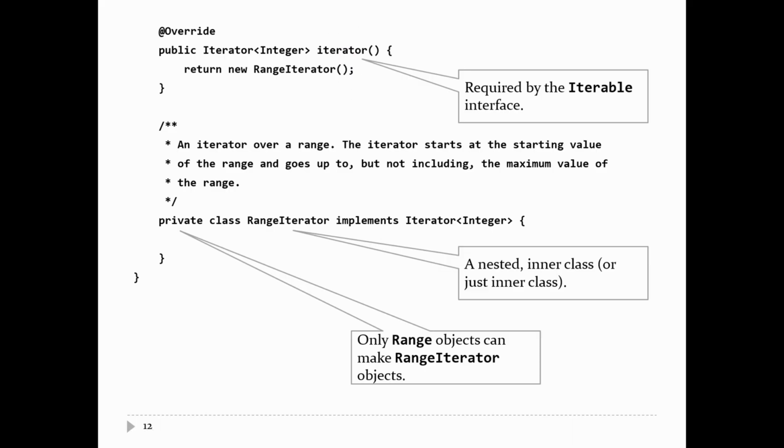So in this case, it does make sense to hide the existence of the rangeIterator class. No one else needs to make one, so no one else even needs to know it exists. That's why we're making it private in this case. Making it a nested class, or an inner class in this case, addresses some of the other problems we had to deal with when we created our previous class.